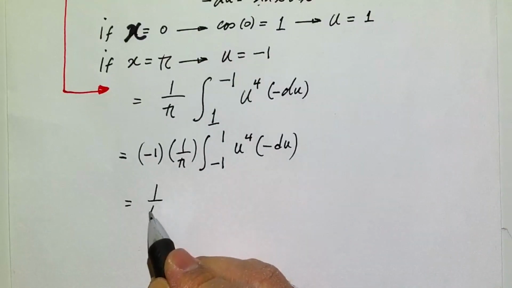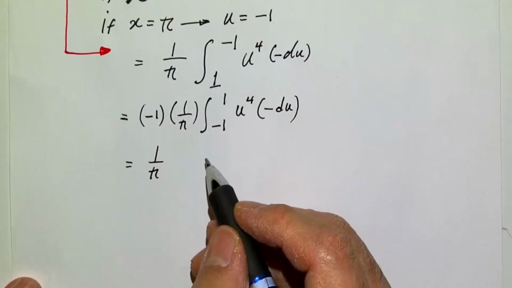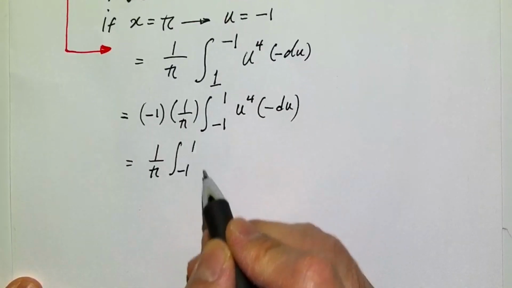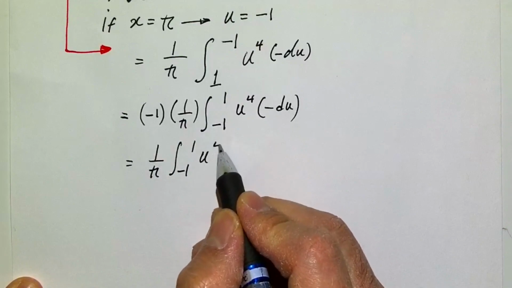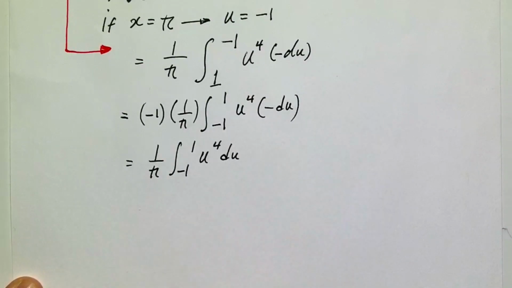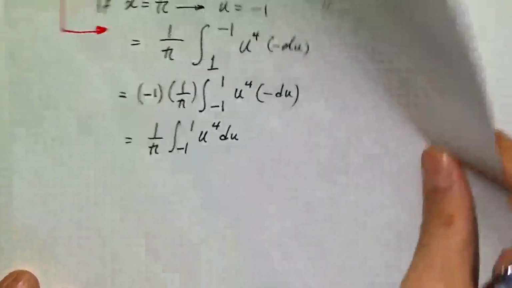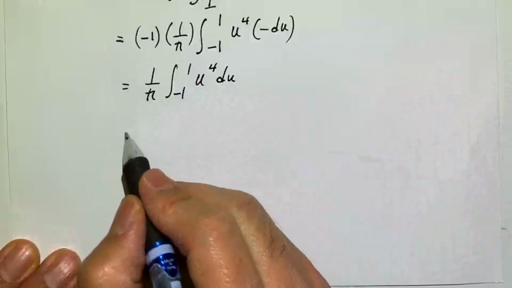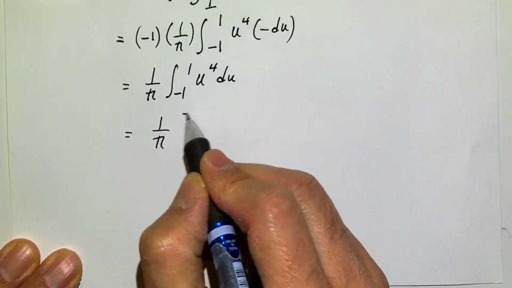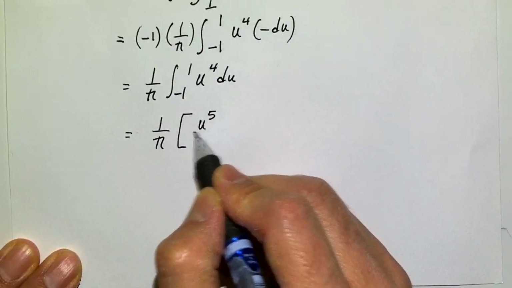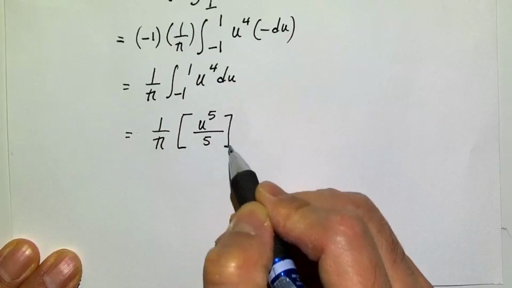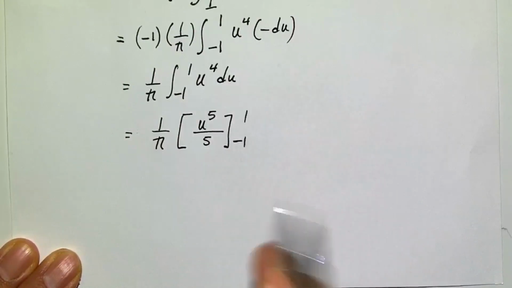And then we have 1 over pi, integral from minus 1 to 1 of u to the 4th du. This is an easy integral to integrate. So we will have 1 over pi times u to the 5th over 5, going from minus 1 to 1.